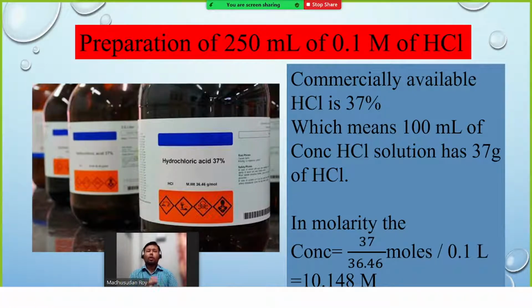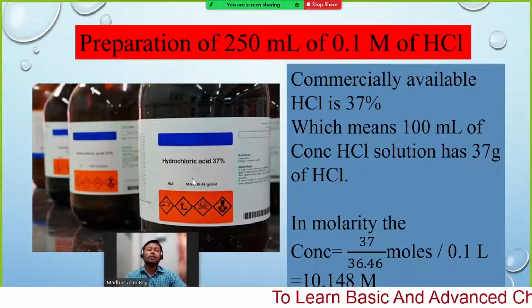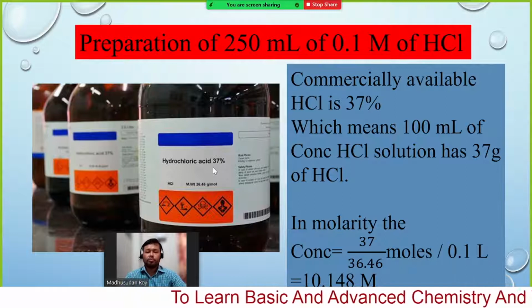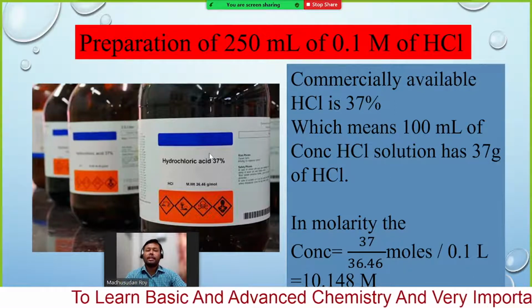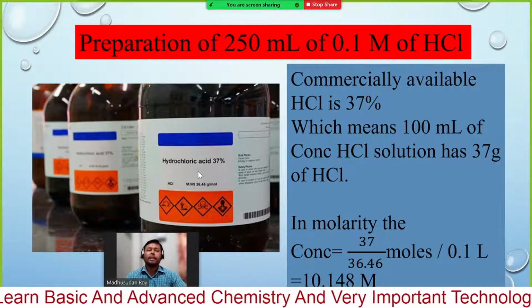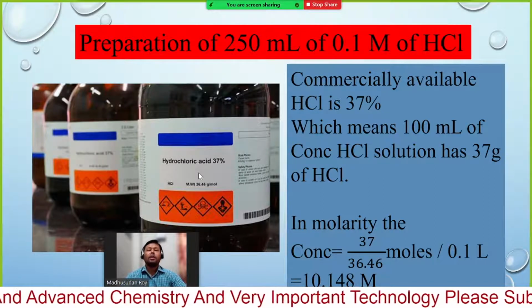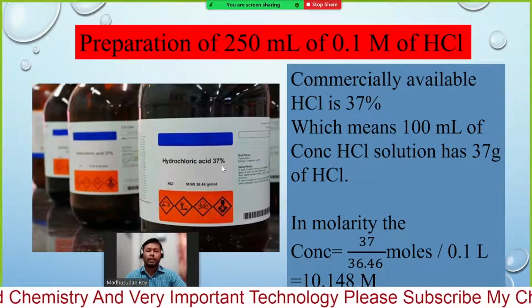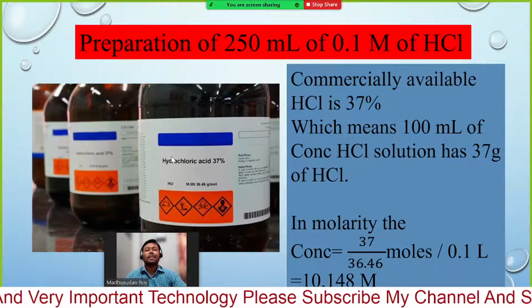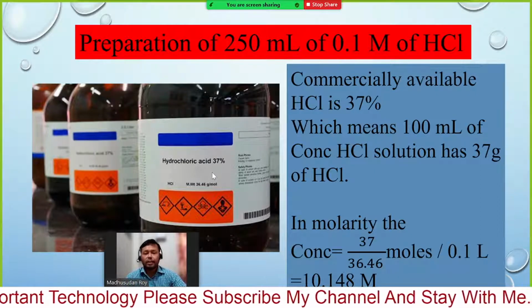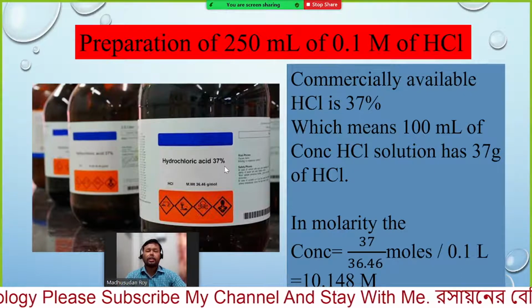So all the chemicals have different concentrations, and you should not consider this the standard. Always get the data from the bottle or the purchasing order, where you can get the information of what percentage or what concentration it is, and other properties.